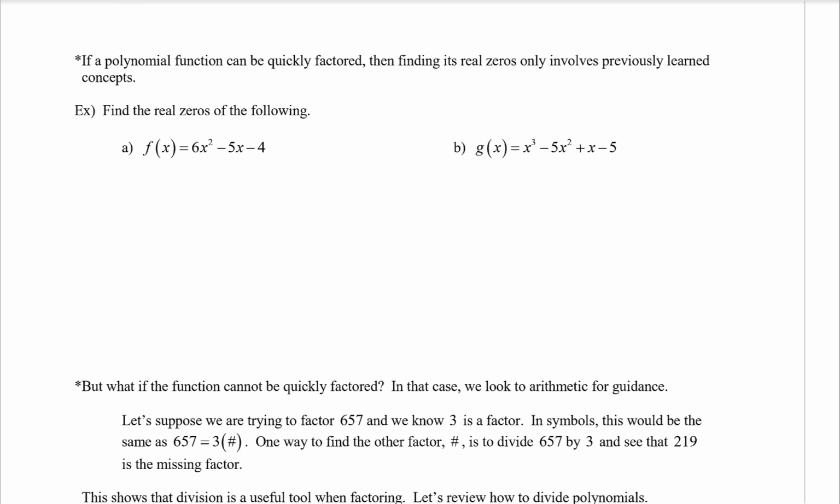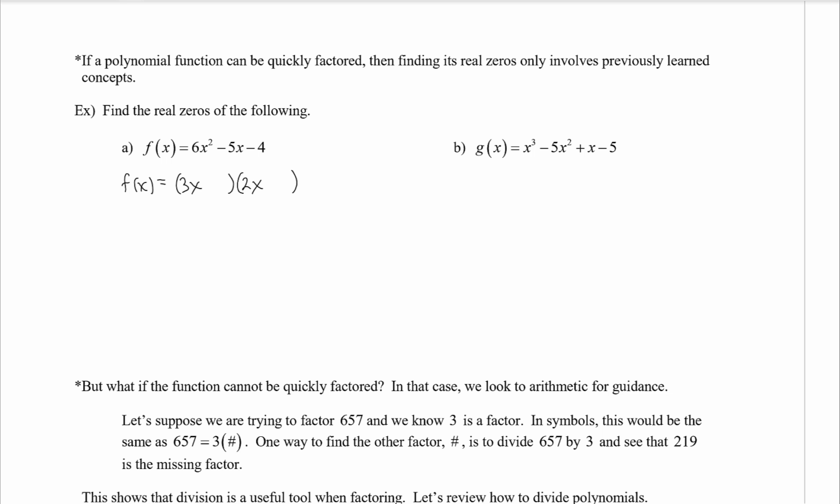And since it's second degree, it might factor quickly over the integers. So let's see if we can make that happen. Let's do our two linear factors here. And let's see, factors of 6. What if we try 3 and 2?